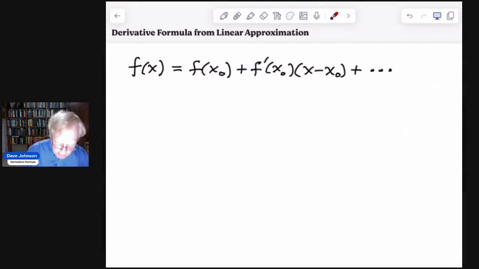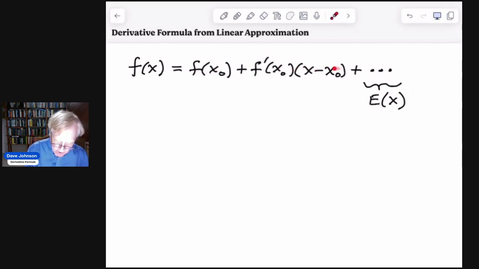So here's our Taylor series. f of x, where the expansion is about x naught, just some arbitrary x. And let's call these higher degree terms e of x, which means the error between the original function and its linear approximation.